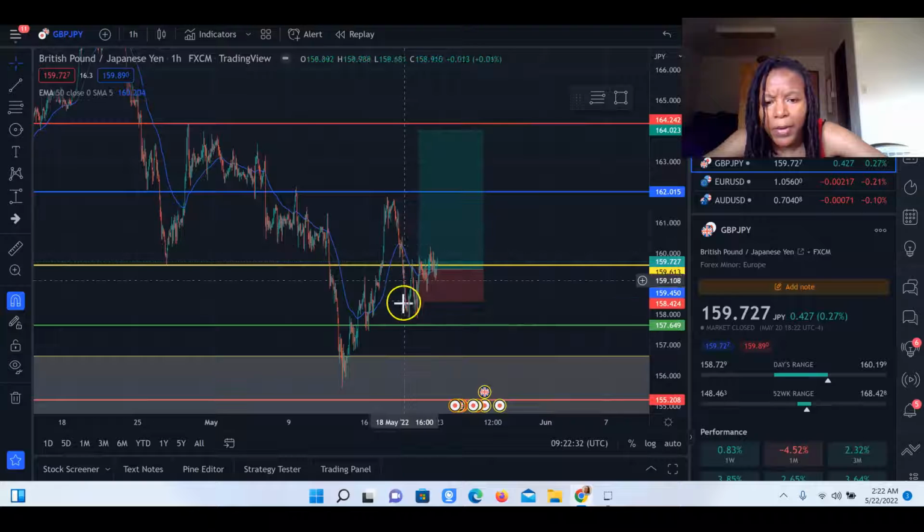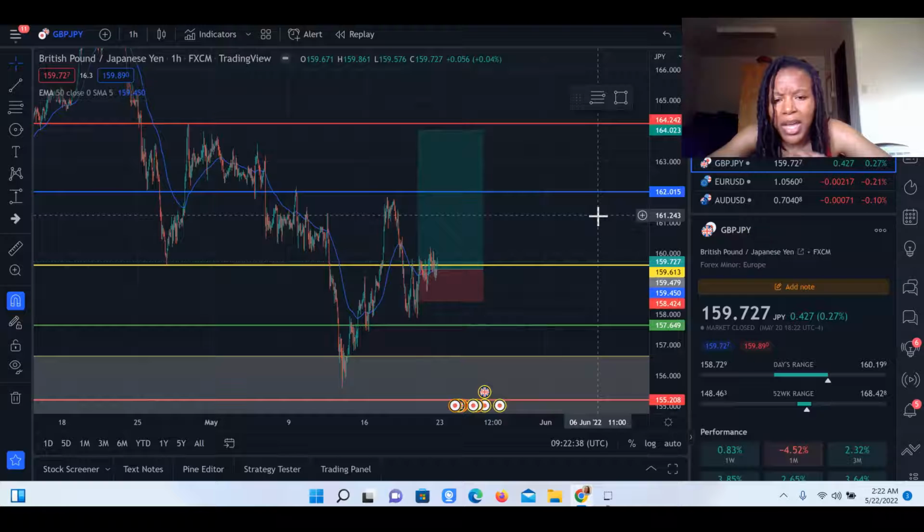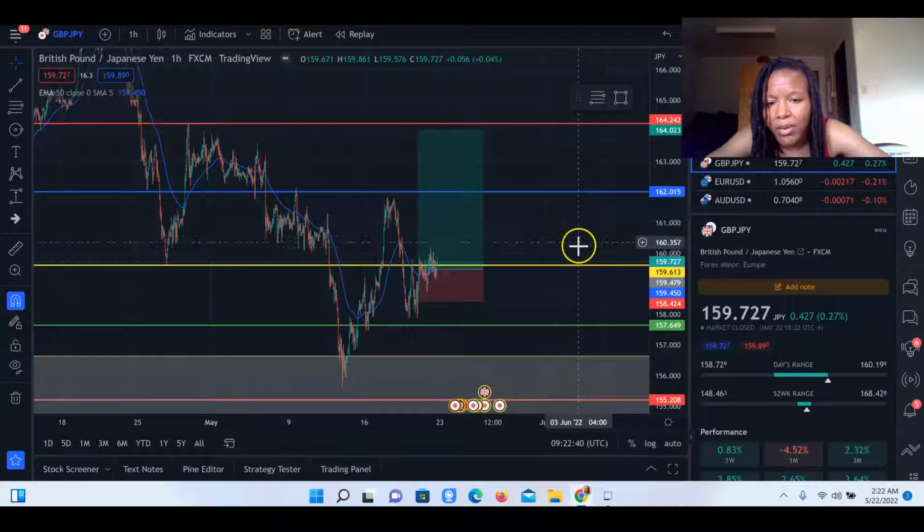You see right here, you got that W, you got that retest, and then price made a higher high right here. So you got the W, you got the higher low, you got the higher high, then you got another higher high, and then a higher low for confirmation.